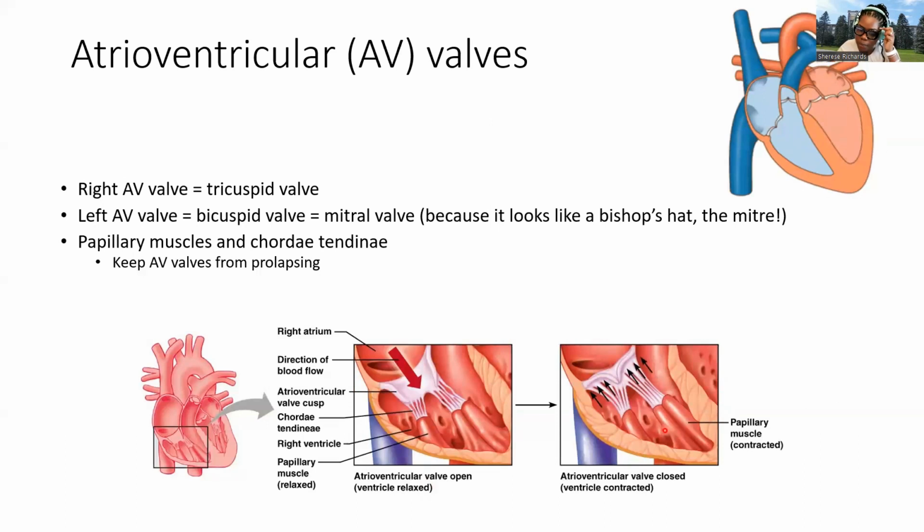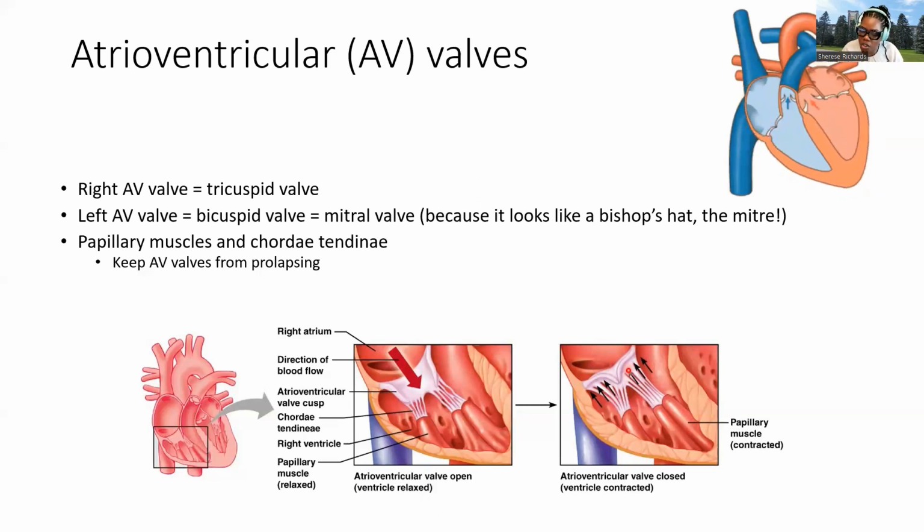However, when the chamber is ejecting, because we want blood to go from the ventricle this direction into the artery and not this direction back into the atria, now we will see that the papillary muscles are contracted. The fibrous cords are pulled taut or tense. And so that is going to help the valves be anchored shut and prevent the forceful ejection from pushing that blood back into the atria.